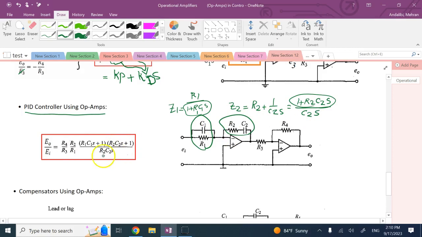And if you look here, clearly you see if you multiply these two together, you get 1 plus R1 C1 plus R2 C2, the whole thing times S, and then plus R1 R2 C1 C2 S squared. This whole thing over that constant, you can just call it K. There is S here, right? And then again, you can call these guys some other things.